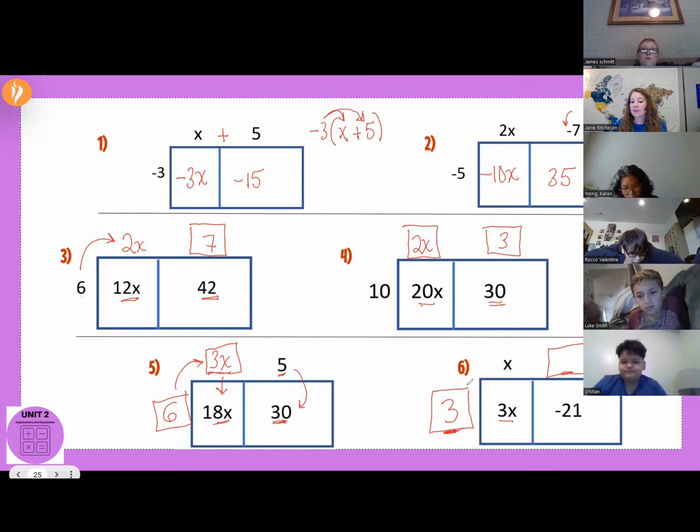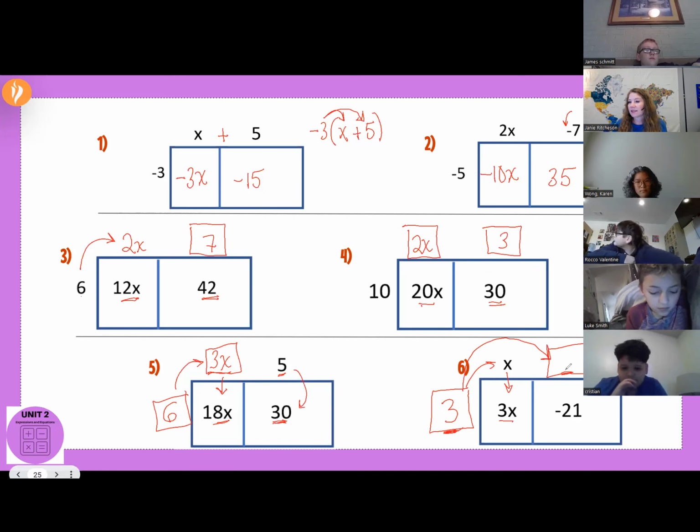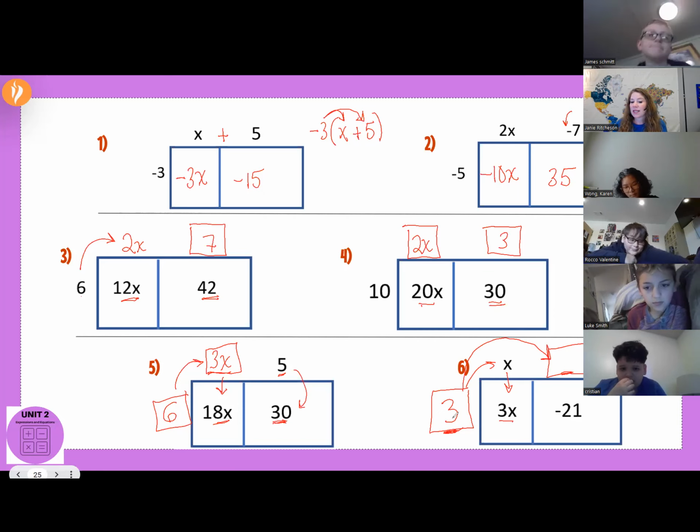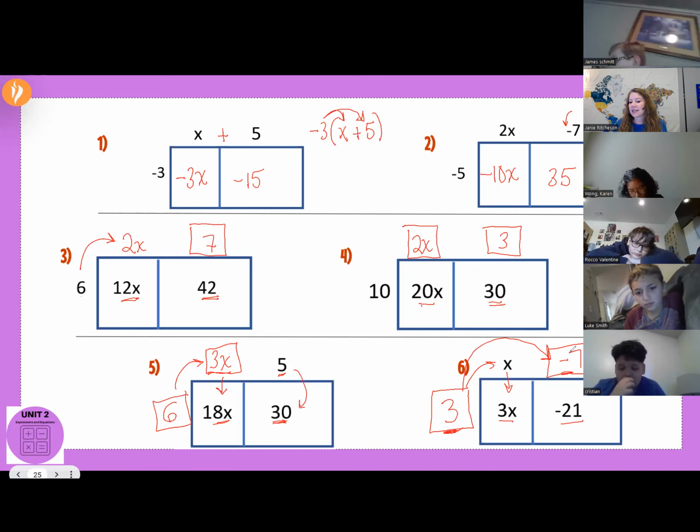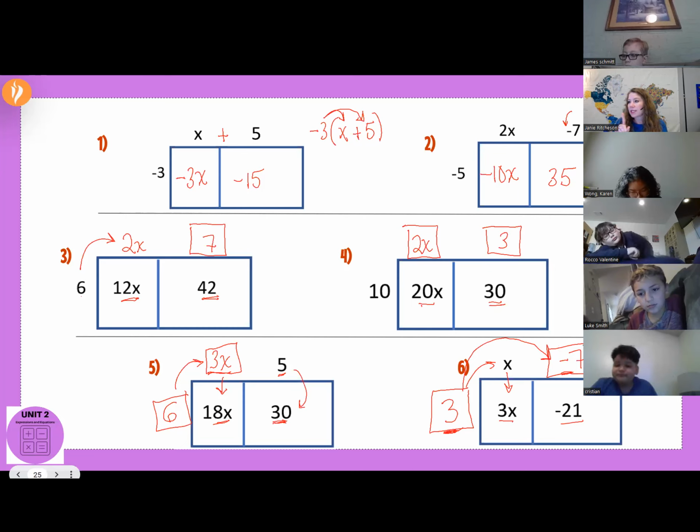So 3 times x is 3x. So do we know yet what's going to go in this box? What times 3 is negative 21? Is it 7? It's negative 7, right?